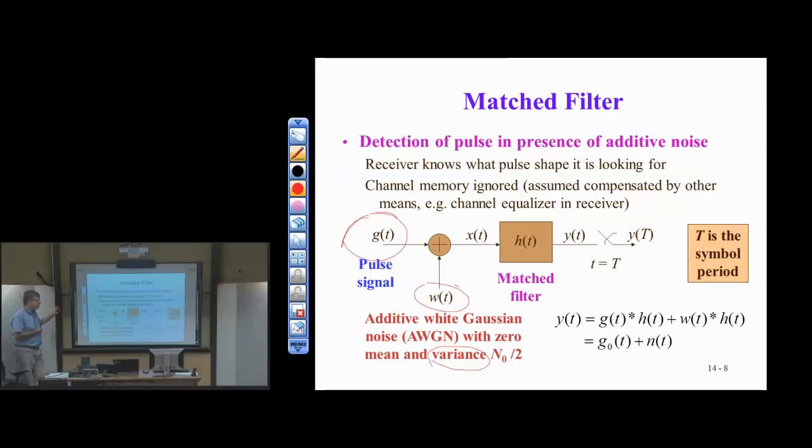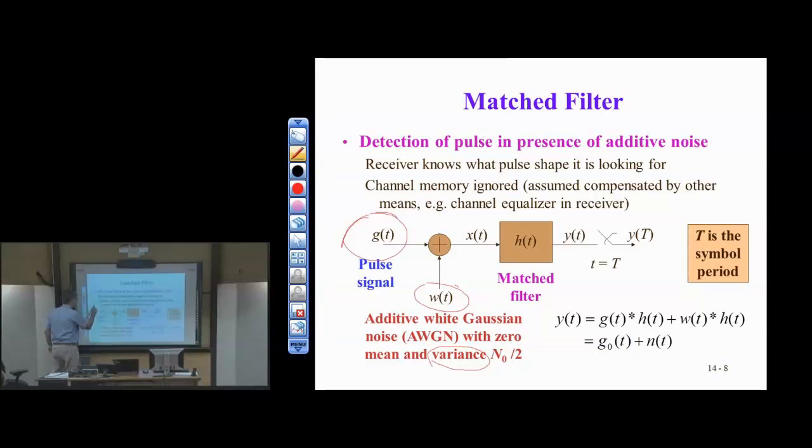Now, this is over a long observation. So if you observe this noise for all time from minus infinity to infinity, the average value is 0. But it's possible in shorter intervals of measurement, you may see a DC value. This is the average over all time. So the channel's only source of degradation is the additive noise.